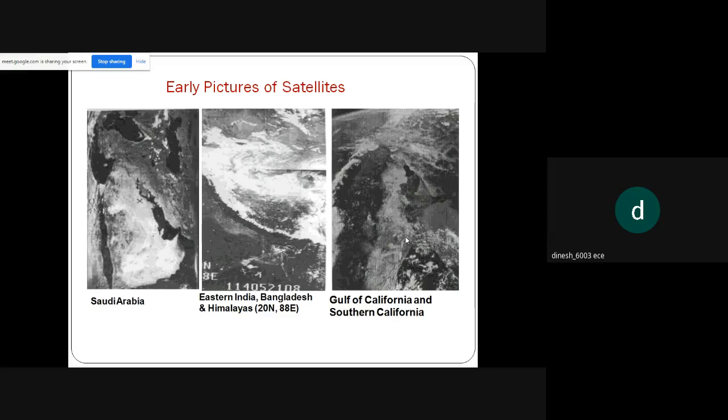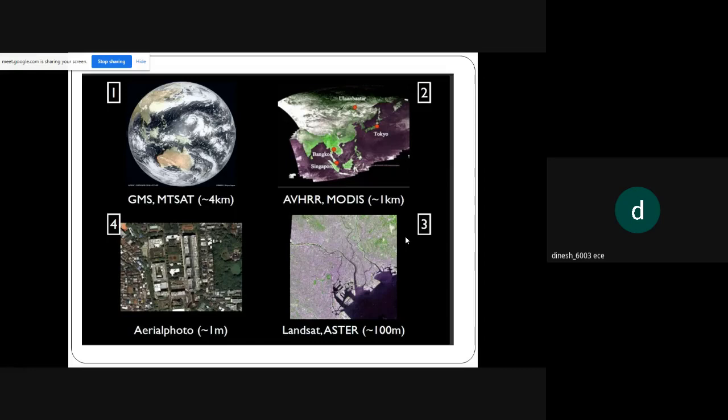The earlier pictures from satellites took Saudi Arabia, Eastern India, Bangladesh and the Himalayas, the Gulf of California and Southern California, showing how they looked. These are photographs of the Earth taken from a satellite revolving approximately 4 kilometers above, then approximately 1 kilometer above, which is picture number 2, showing Russia's Ulaanbaatar, Japan's Tokyo, Myanmar, Thailand's Bangkok, and Singapore.